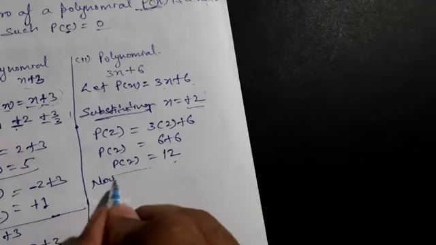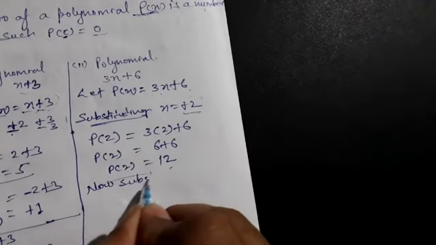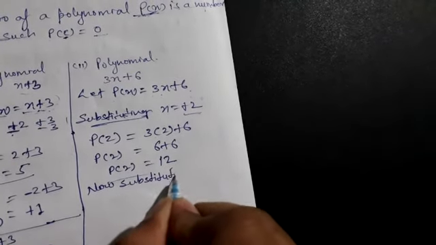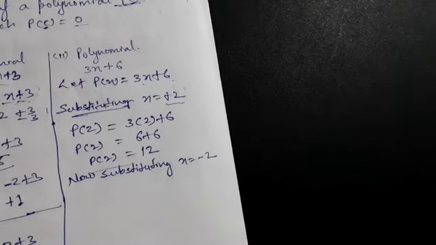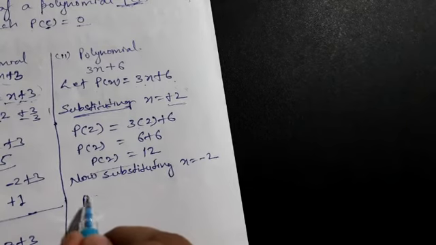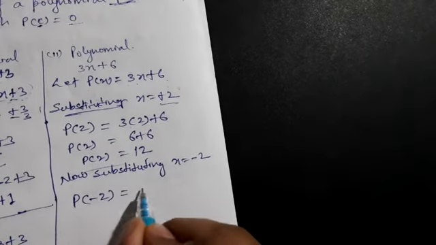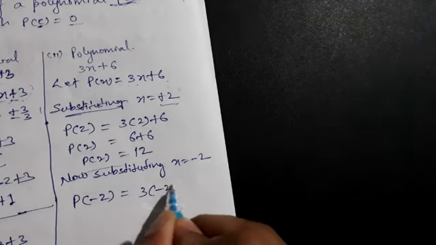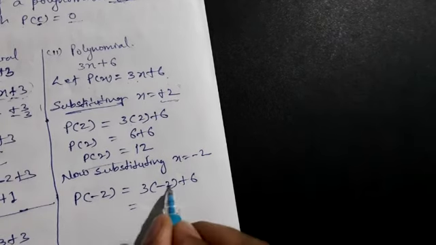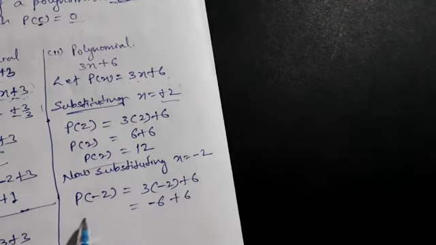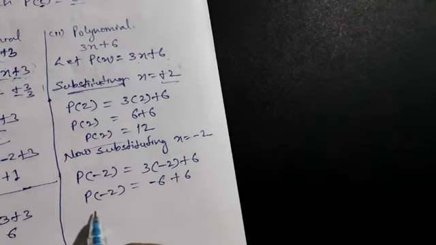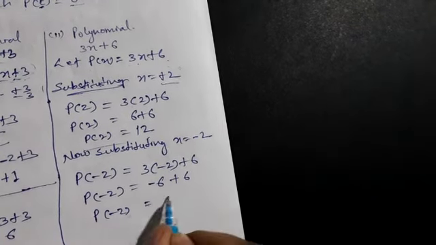Okay, so now substituting x equal to minus 2 in this given polynomial. So p of minus 2 is equal to 3 into, in place of x, minus 2, plus 6. So 3 into 2, 6. The minus sign will be there, plus 6. So p of minus 2 is equal to 0.